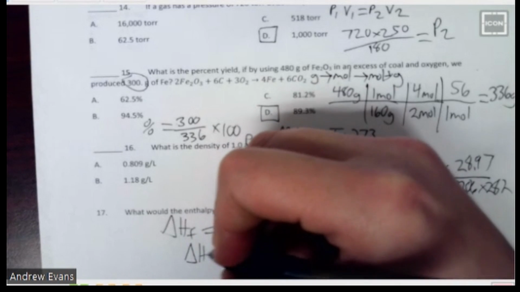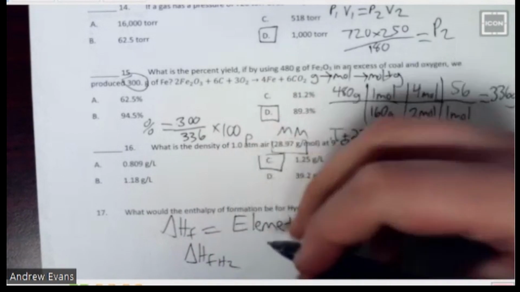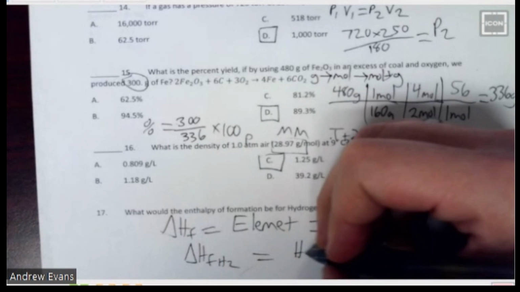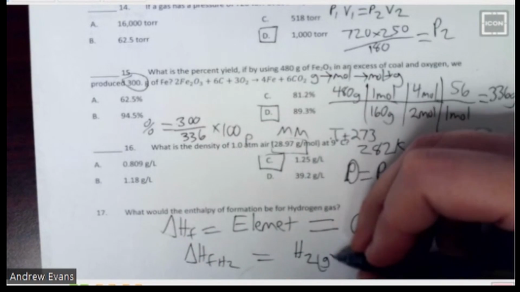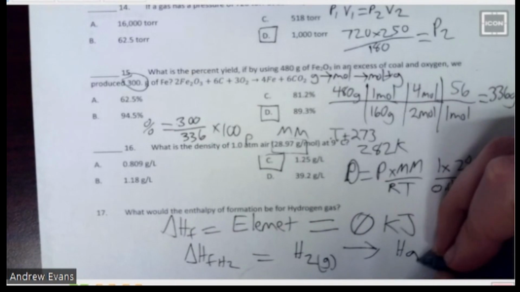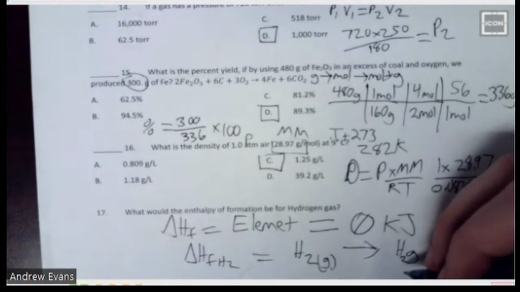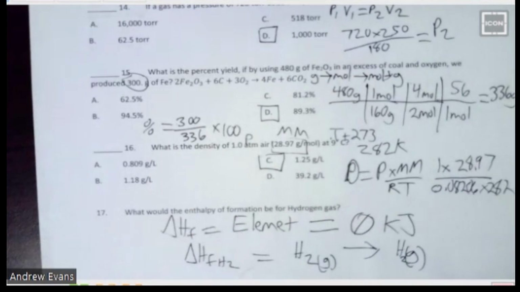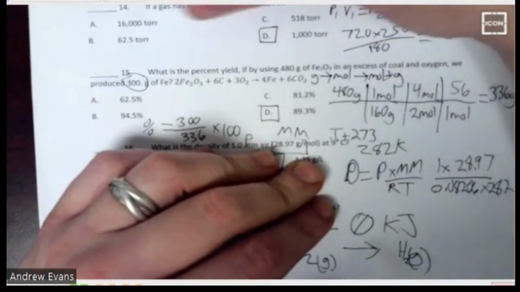So delta H of formation for hydrogen, the reaction is going from hydrogen gas to hydrogen gas. No change is done. There can't be a change in enthalpy. Thus, enthalpy must be 0. That's the only enthalpy I can ever expect you to know. Enthalpy of 0. Every other one, too much.